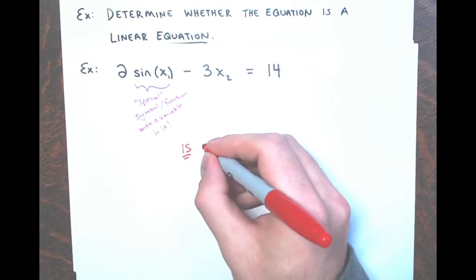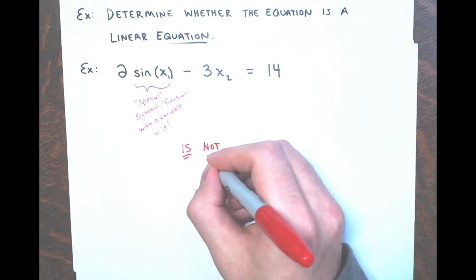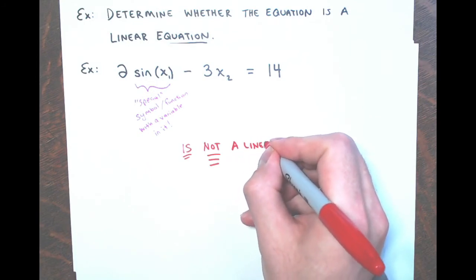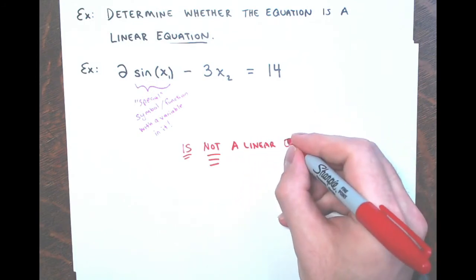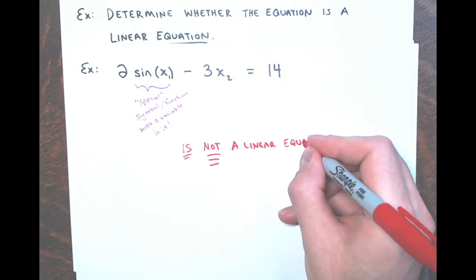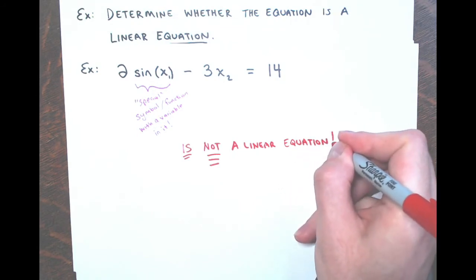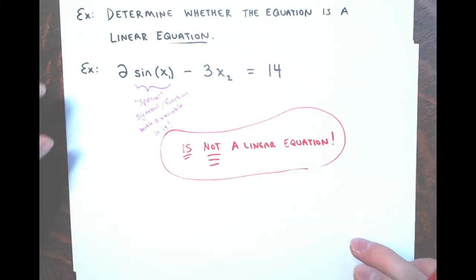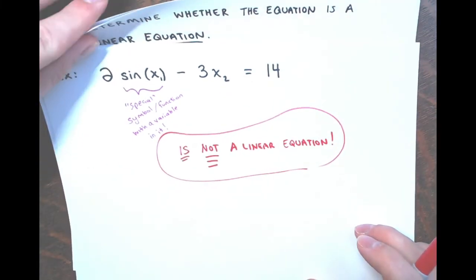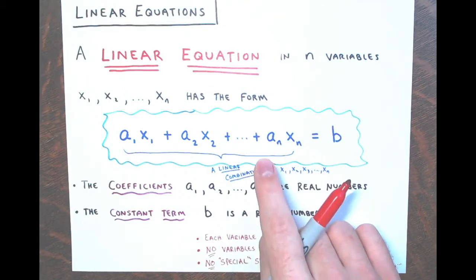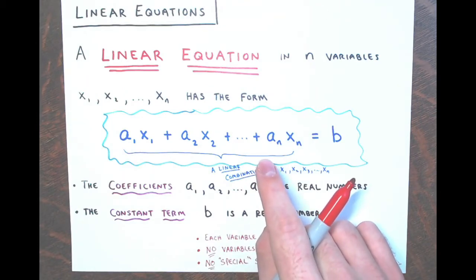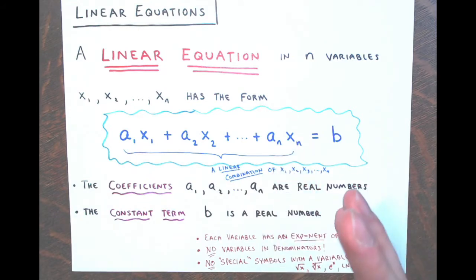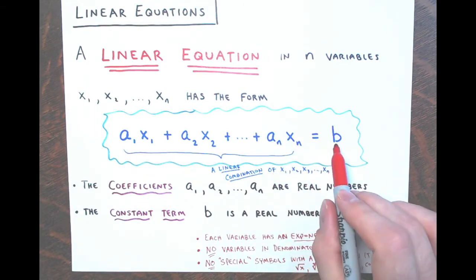All right, and I could go all day long showing you examples and determining if they're linear or not. But again, just can you write it in this form? Can you write the equation in this form? If you are able to, get a linear combination of these n variables, however many variables there are, equal to a constant.